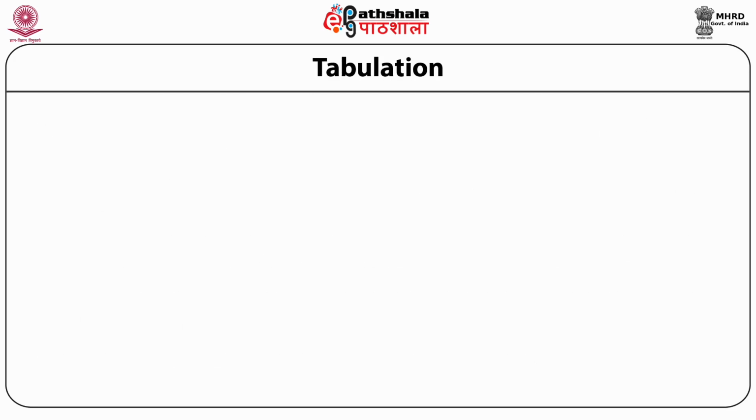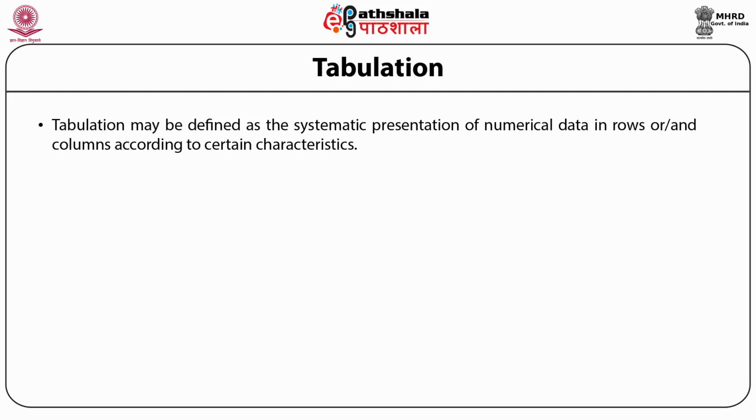Now we come to tabulation. Tabulation may be defined as the systematic presentation of numerical data in rows and columns according to certain characteristics. It is designed to simplify presentation of data for purposes of analysis and statistical inferences.